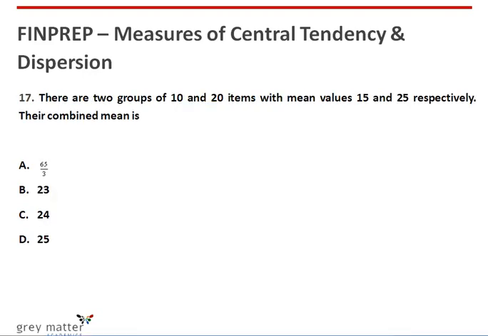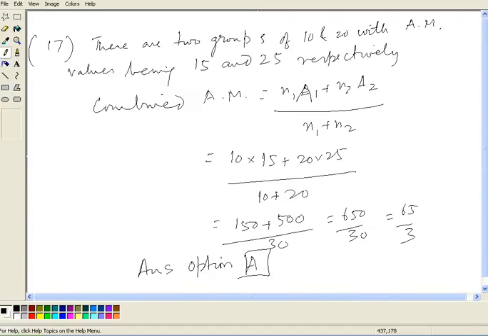17th question, there are two groups of 10 and 20 items with mean values being 15 and 25 respectively. We need to calculate the combined mean or the compound mean. Going to our work area, we know that the combined arithmetic mean is n1 a1 plus n2 a2 by n1 plus n2, which is a general formula, where n1 and n2 are the numbers of observations, and a1 and a2 are the arithmetic means.